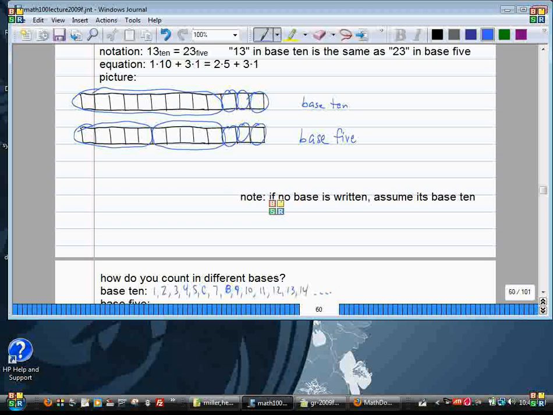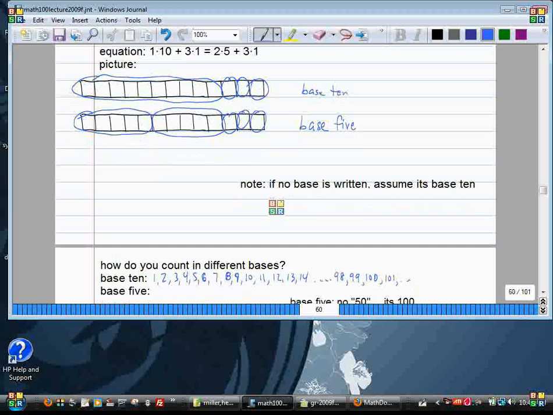And I'm just going to go to the next interesting number. Then we have 98, and then 99, and then what comes next? 100, and then 101, and then we keep going. Okay. So that's counting in base 10.